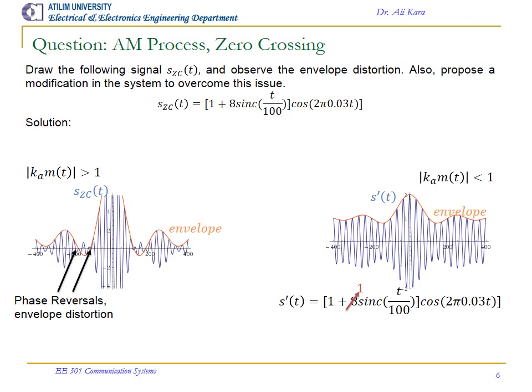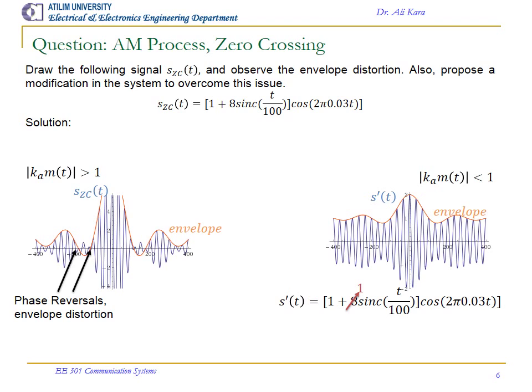Question: AM process, zero crossing. Draw the following signal s of t and observe the envelope distortion. Also, propose a modification in the system to overcome this issue.